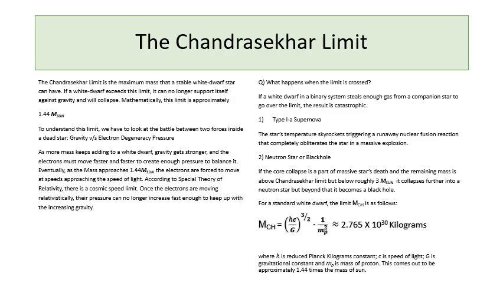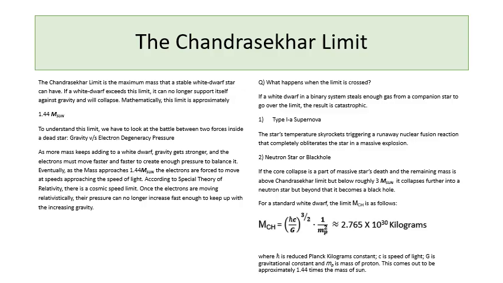So we have to understand two forces that are prominent inside a dead star or a dying star. They are gravity and the electron degeneracy pressure, as I showed you in the previous slide. What happens is more mass keeps adding to a white dwarf due to gravity, because gravity will always try to attract more mass, and gravity is getting stronger also because more mass is coming in.